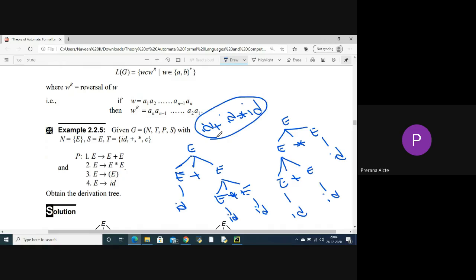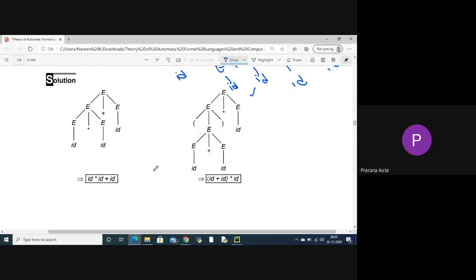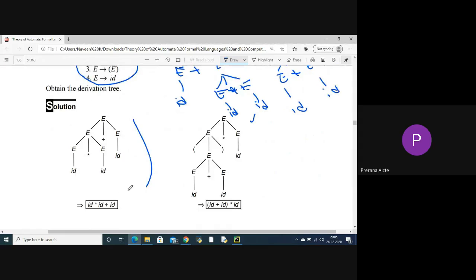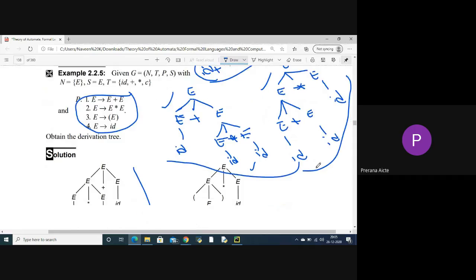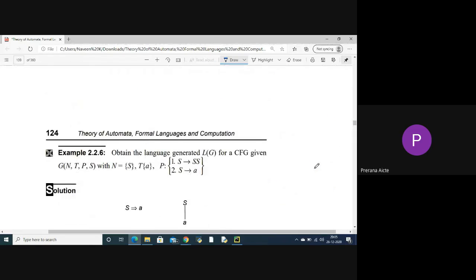Here for the string, we have two derivation trees, number one and number two. If a grammar contains two derivation trees for the same string, then the grammar is said to be ambiguous grammar, right? Here are the two derivation trees for the string ID plus ID into ID. Okay, these types of grammars are said to be ambiguous grammars.